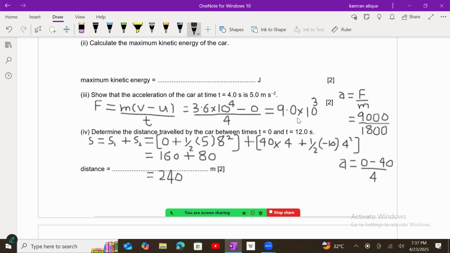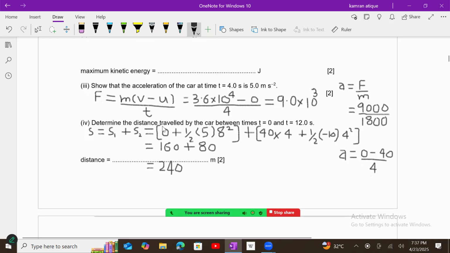So it is solved, and the value of force obtained is 9.0 into 10 raised to the power 3 newtons. This value is substituted here in a equals F over m. By dividing it by 1800, we prove that the value of acceleration at the 4 second is equal to 5.0 meters per second squared. Then the examiner is saying determine the distance traveled by the car between time t equals 0 and time t equals 12 seconds.